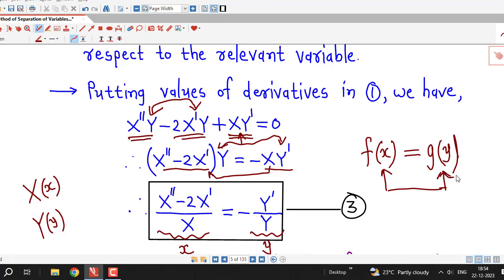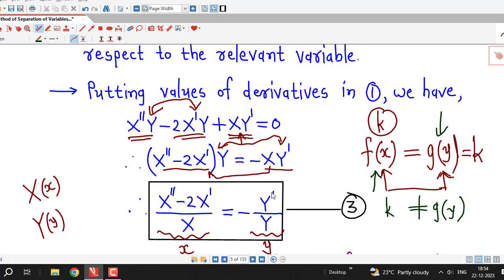This is possible if and only if both the functions are equal to some constant, say k. If the value of both the functions is equal to some fixed constant, then only this is possible. Suppose f of x is constant and g of y is non-constant, then they are not going to be equal.